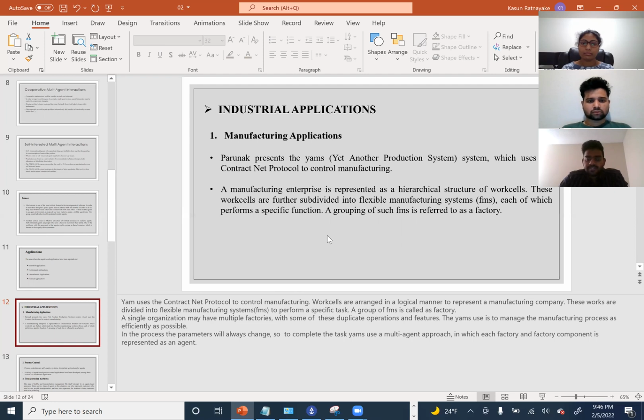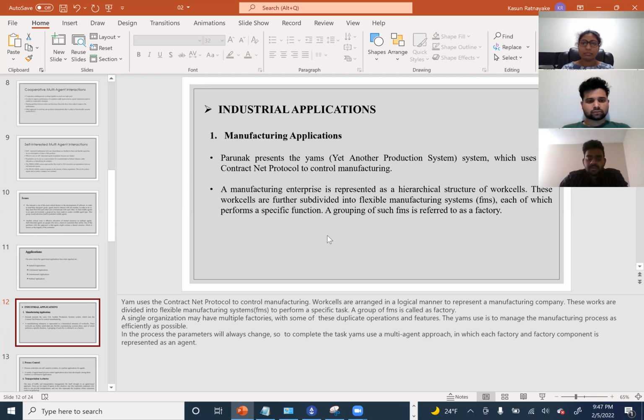Work cells are arranged in a logical manner to represent a manufacturing company. These work cells are divided into flexible manufacturing systems to perform specific tasks. A group of flexible manufacturing systems is called a factory. A single organization may have multiple factories with some of these duplicating operations and features. YAMS is used to manage the manufacturing process as efficiently as possible.